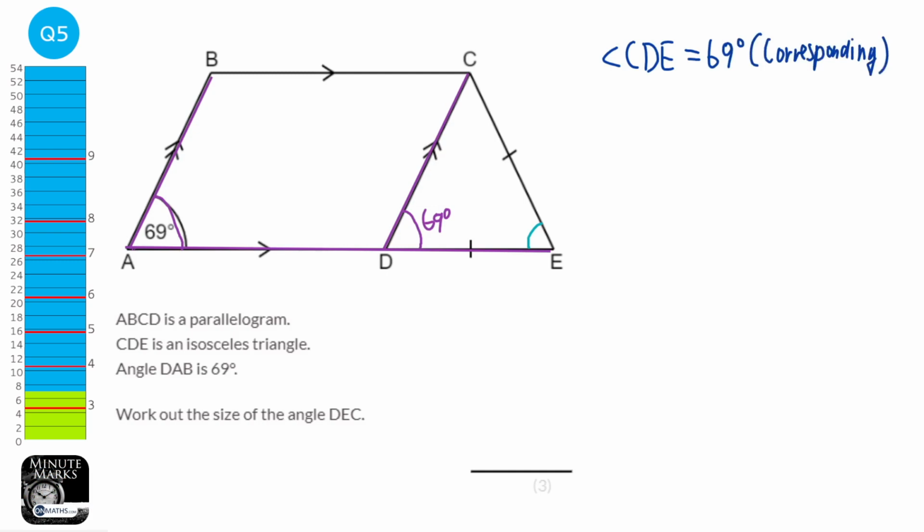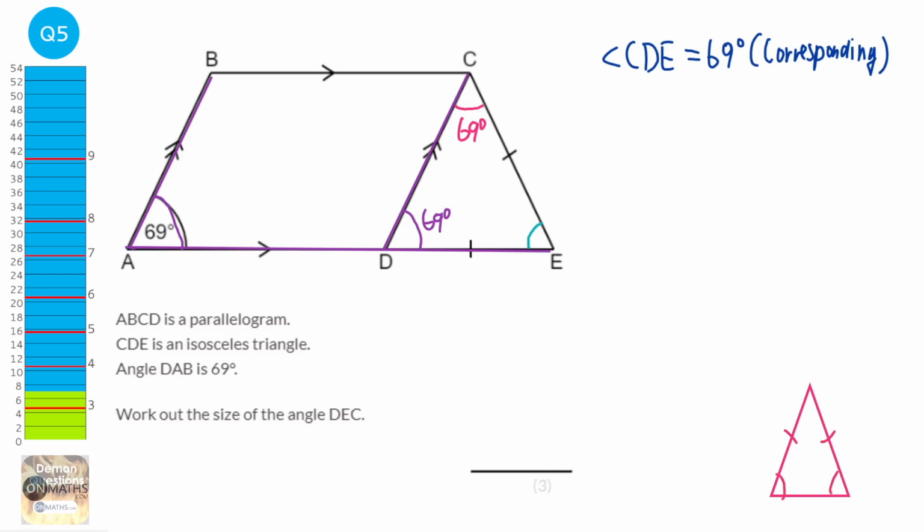angles. Okay. So if I know that CDE is 69, I also will know that this angle here is 69 because they're the bottom two angles in a triangle. Now, when I say that, I mean when an isosceles triangle is the right way up, the bottom two angles are equal.